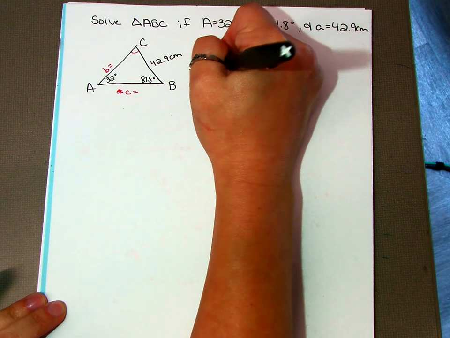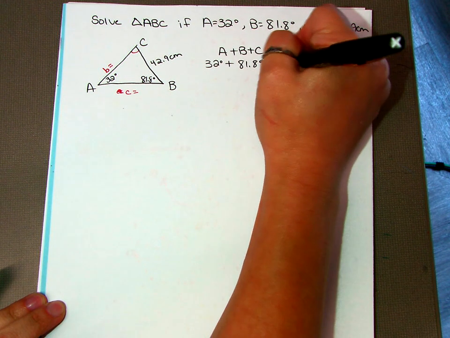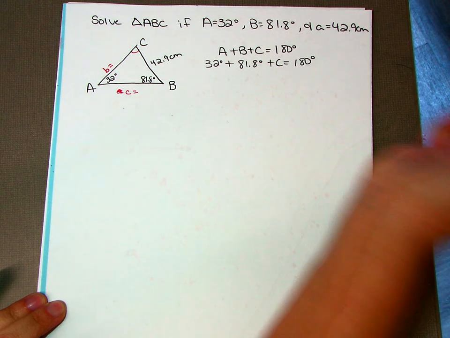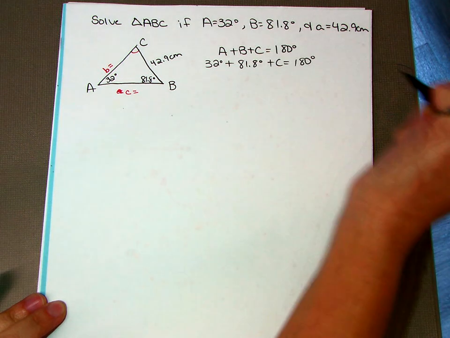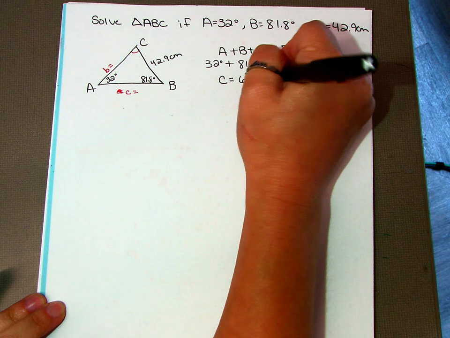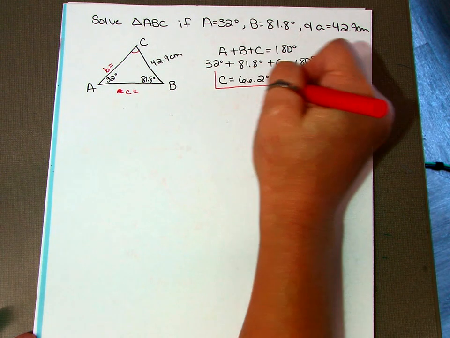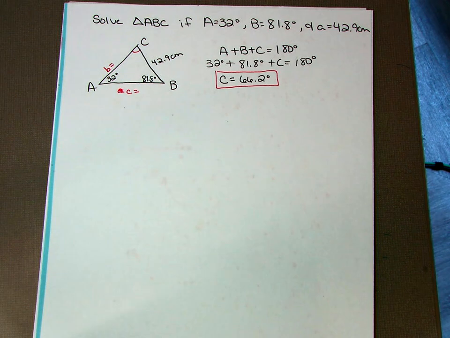So if A is 32 degrees and B is 81.8 degrees, then I can subtract those both over and find that C is 66.2 degrees. So now I know all my angles, and I'm just missing side b and side c.